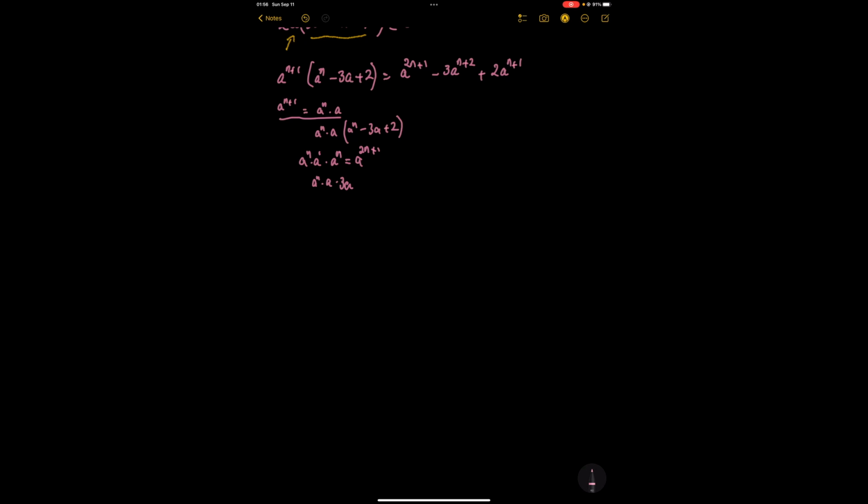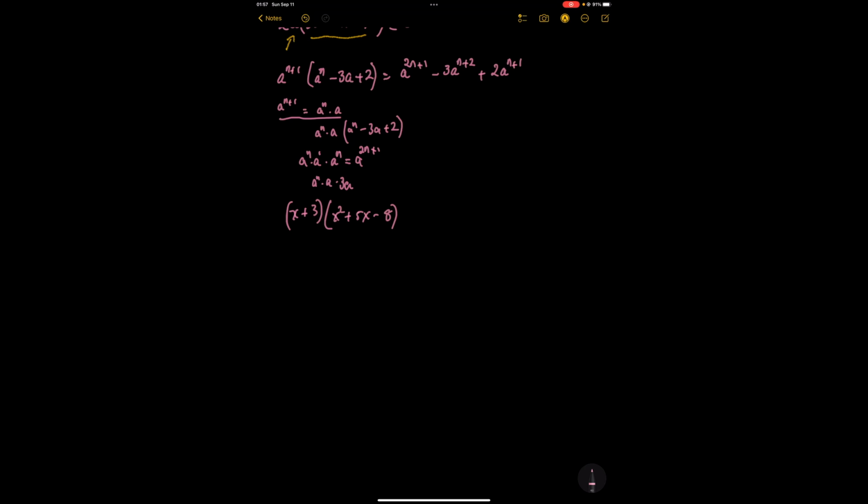Let's do 2 more examples, and we're going to be done with this exercise. Let's say we have x plus 3 times x squared plus 5x minus 8. Well, we're going to multiply everything.